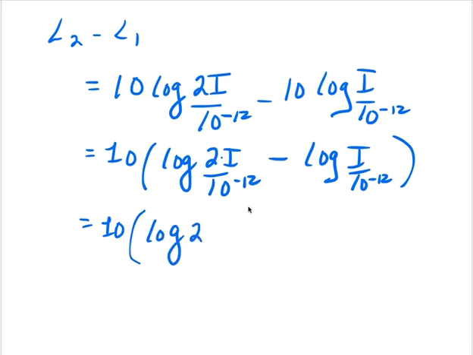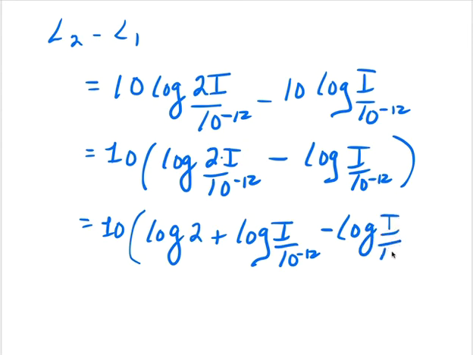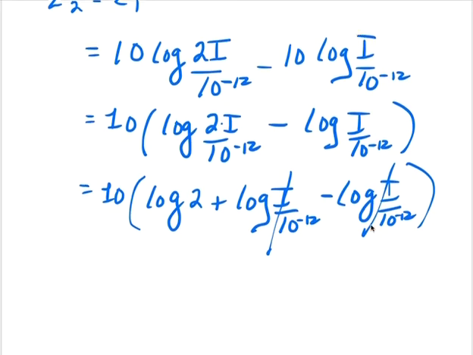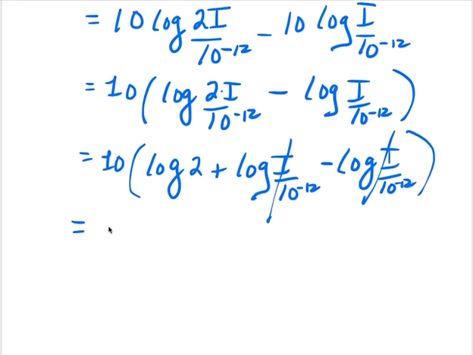So you get log 2 plus log I over 10 to the negative 12 minus log I over 10 to the negative 12. Again, these two terms cancel out. And you're still going to get, this is generalized, log 2. It turns out to be just the same thing, 3 decibels louder. Again, the sound is about 3 decibels louder.